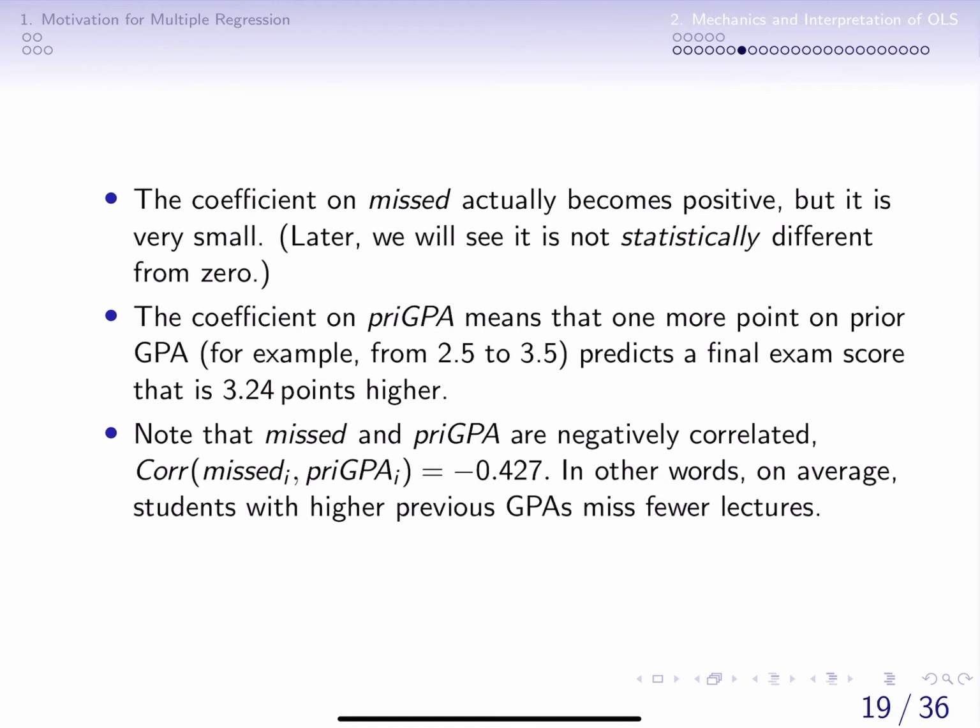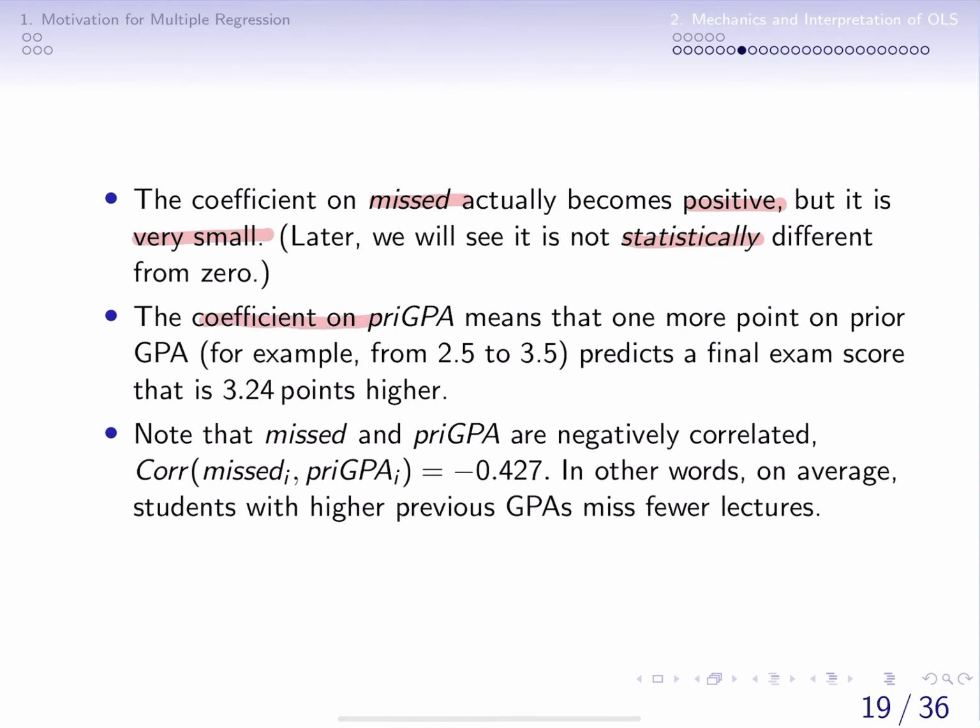So the coefficient on missed actually becomes positive, but it is very small, right? We'll see in our empirical exercise that it is actually not going to be statistically significantly different from zero.